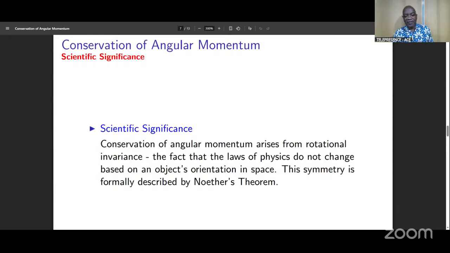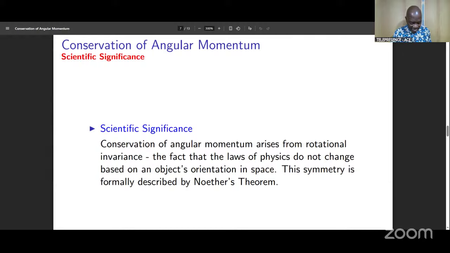So basically the conservation of angular momentum arises due to the fact that the laws of physics do not change based on an object's orientation in space. Okay? So when an experiment is performed, for example, in Nigeria, it should be possible to reproduce that same experiment in Germany or in Ghana or in other places. So like I said, you will learn more about Noether's theorem in the future.